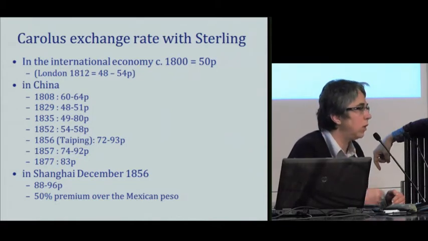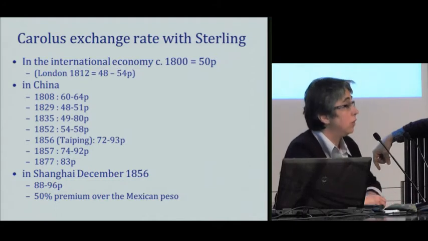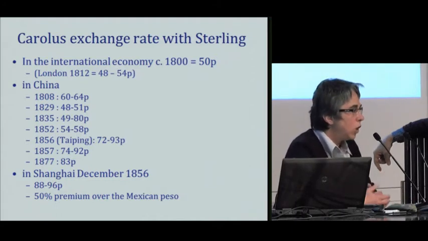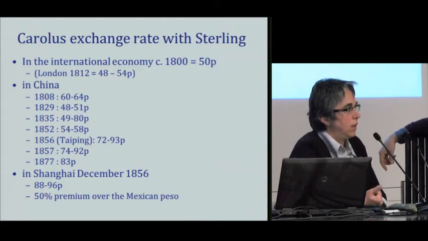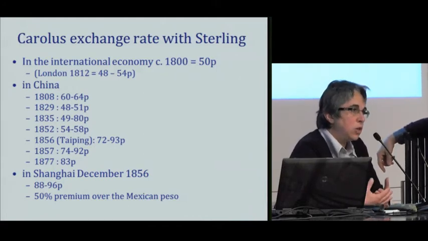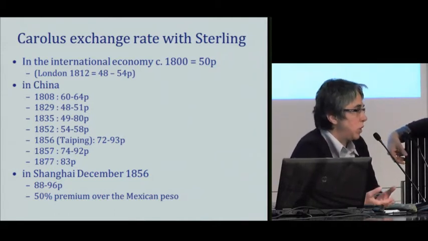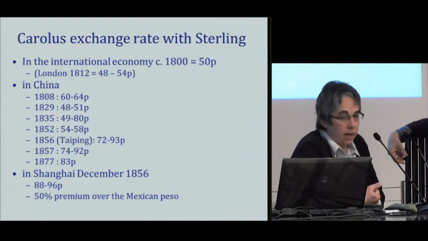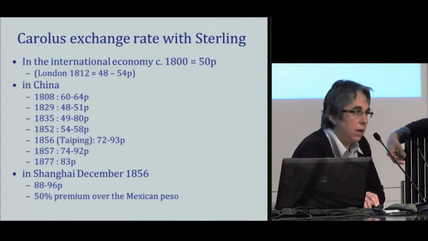Yeah, and here you have some observations from private transactions. Certainly, there is no trend, there's still a lot of research to be done, but it's clear that this exchange rate rises from the 1820s, 30s, and by the 1850s is about 50% premium with the sterling. Yeah, and that is at the peak of the Taiping Rebellion in December 1866.